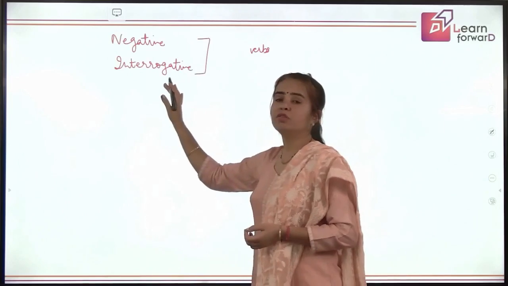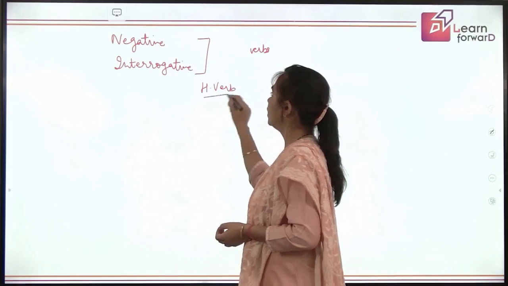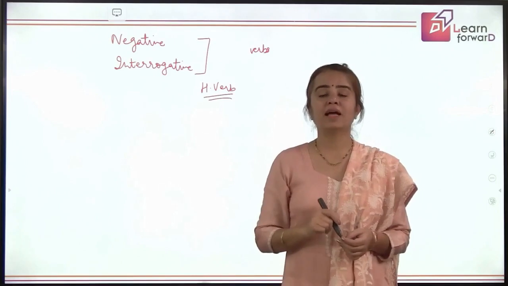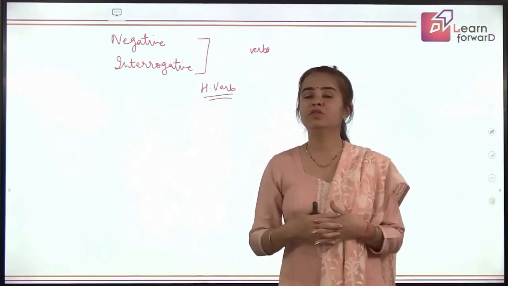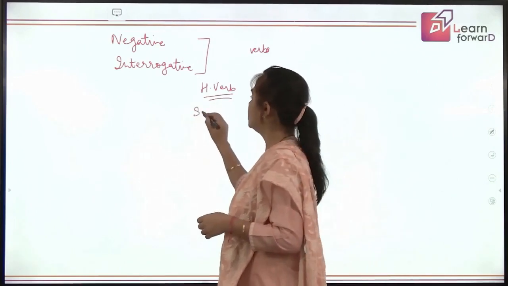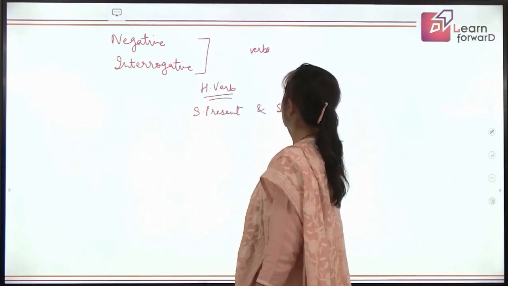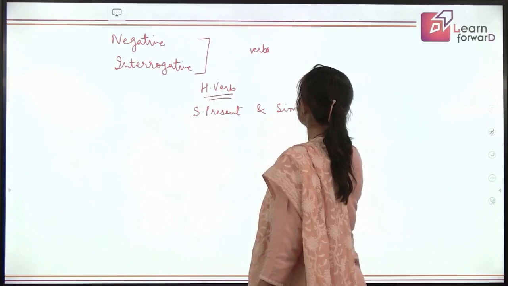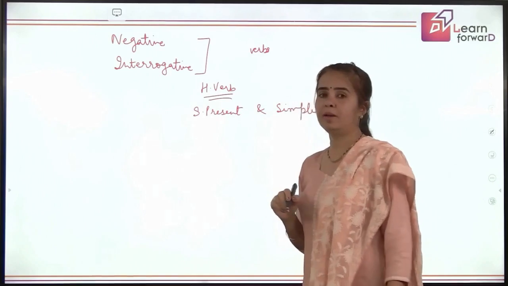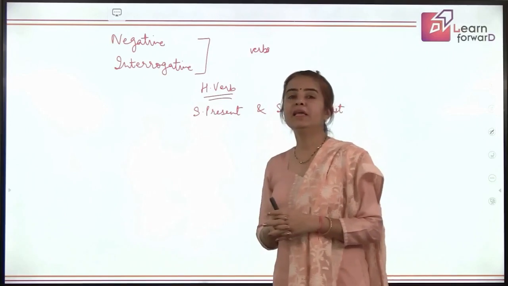When we talk about the formation of the verb here, the helping verb is very important, and it is important to such an extreme that if it is not there in any of the tenses, we introduce it from our side, and that happens only in the case of simple present tense and simple past tense. Because as we move to simple future tense, in simple present and simple past, there is no helping verb. Do you remember what the helping verb is? That helps the main verb in telling its tense.